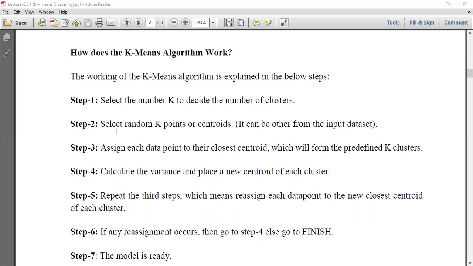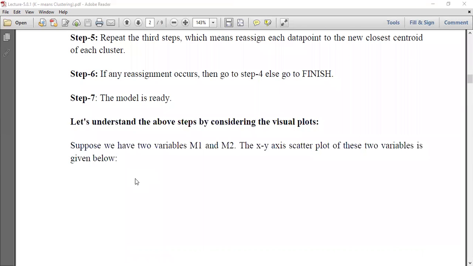Step 5, repeat the third step, which means reassign each data point to the new closest centroid of each cluster. Then step 6, if any reassignment occurs, then go to step 4, else go to finish. Step 7, the model is ready. Now let us understand the above steps by considering the visual plots.